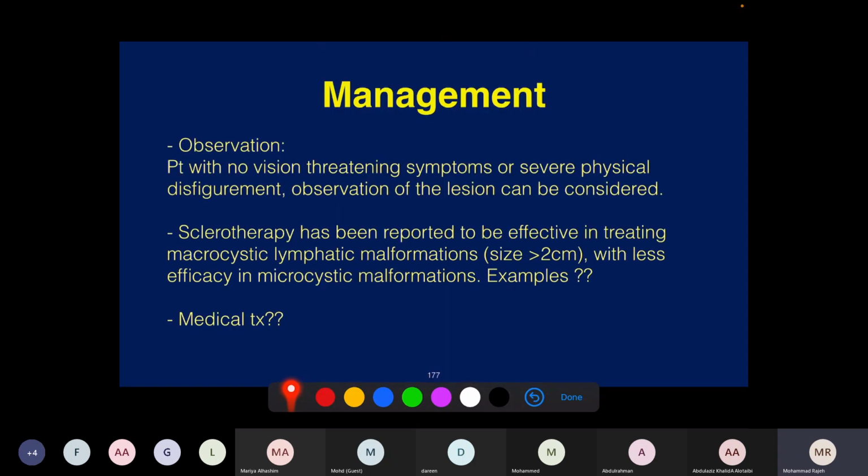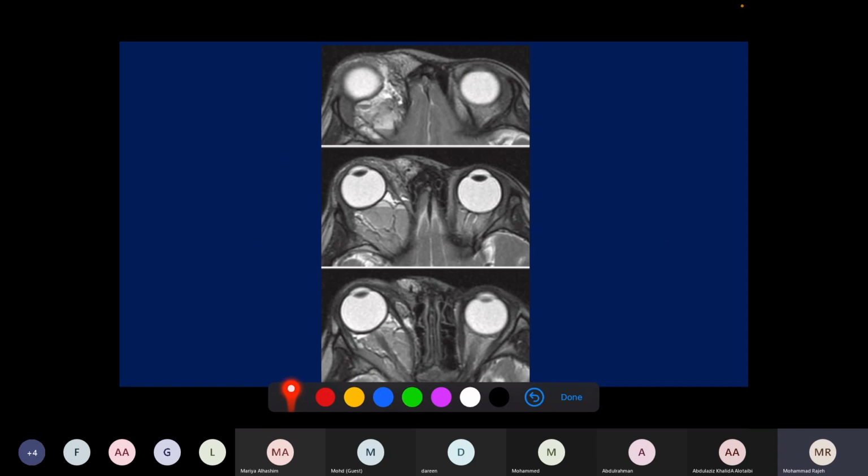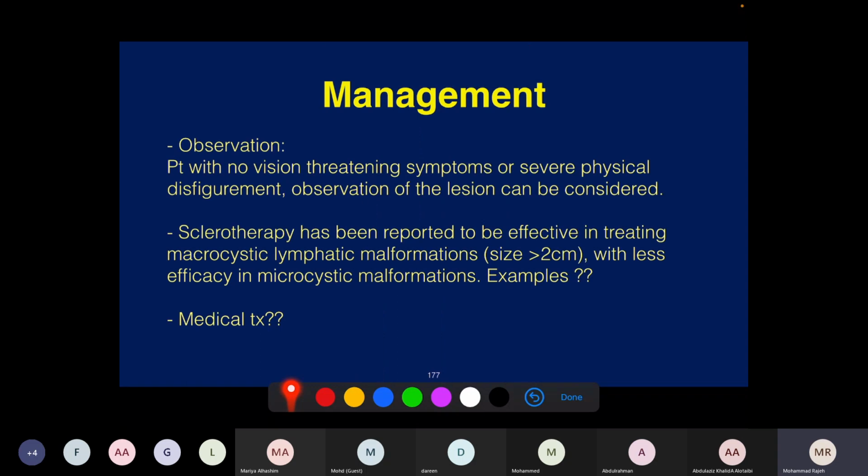You can observe the patient as long as it's not causing any ocular morbidity like vision threatening, exposure keratopathy. And the mainstay of treatment is sclerotherapy, which is effective in macro, more than 2 centimeter. Micro, still, it's difficult to sclerose it. You need to know about the sclerotherapy medication. Anyone knows what are the sclerosing agents? Anyone?